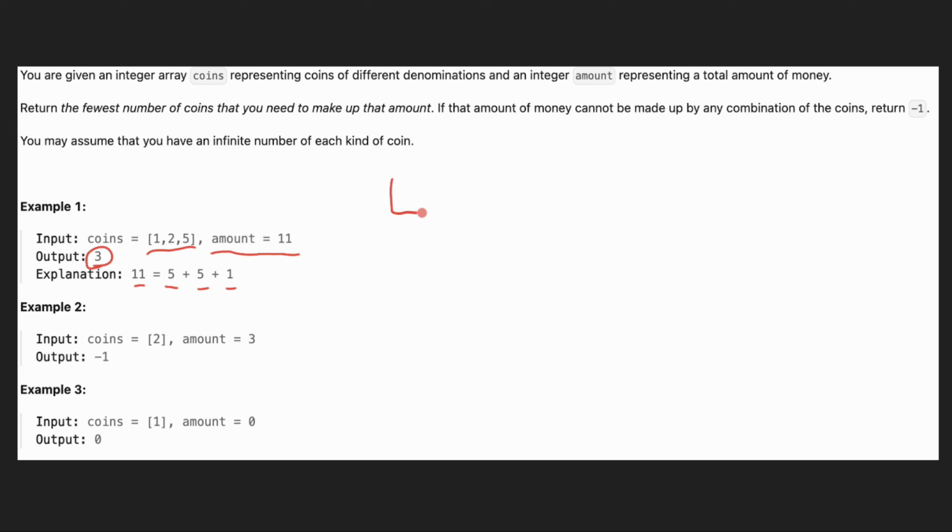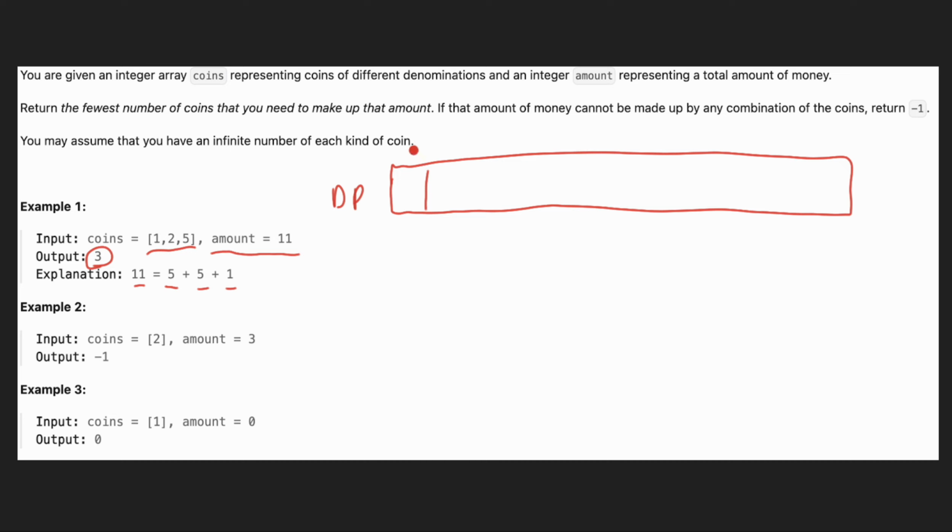Let's show that example here. To do that, we are going to create an array. Let's call it dp, and we are going to solve the problem for when the amount is equal to 0, 1, 2, 3, and so on, up to when the amount is equal to 11, as in this example.